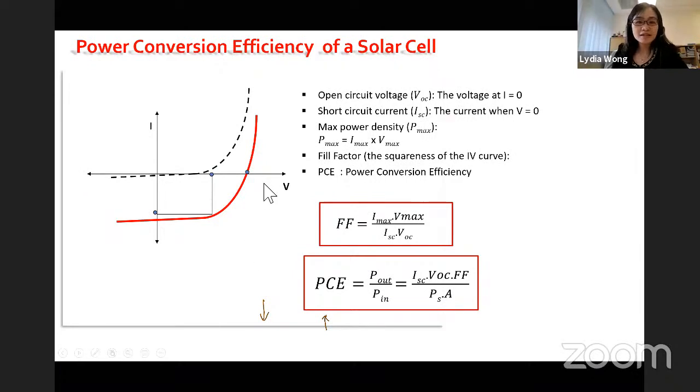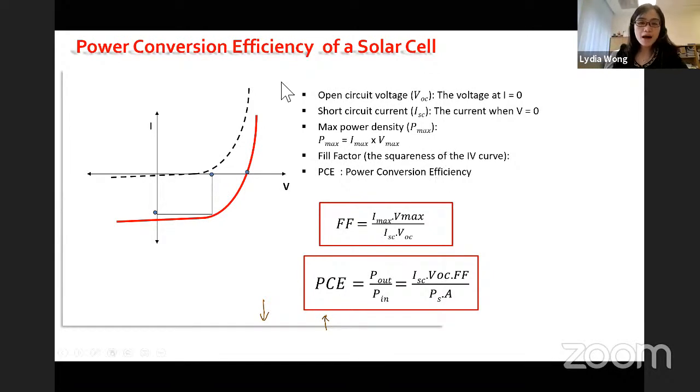All right, how do you measure the power conversion efficiency of a solar cell? So when we talk about solar cells, people always say, okay, silicon has 20% efficiency, gallium arsenide has 30% efficiency. What does it mean?